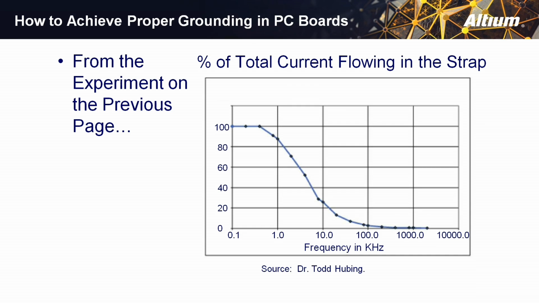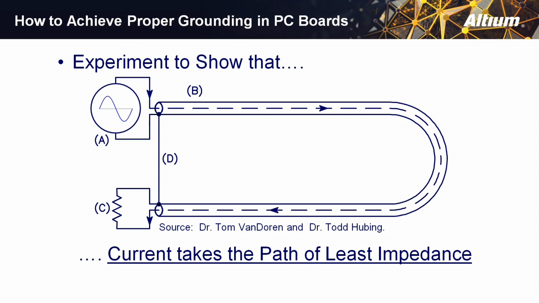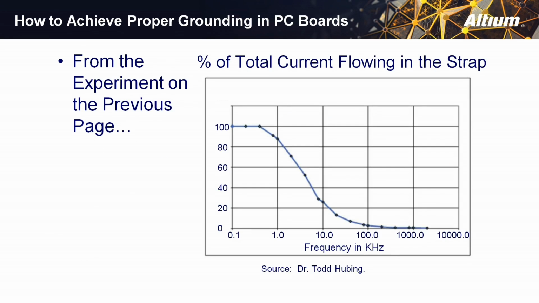By the time you get to 1 megahertz, there is no current left in this short piece of wire. All of the return current will take the 2-meter path and will ignore the 75 millimeter path, simply because at higher frequency, energy follows the path of lowest inductance and highest capacitance.